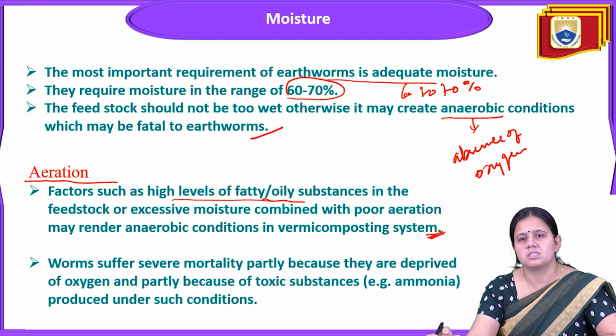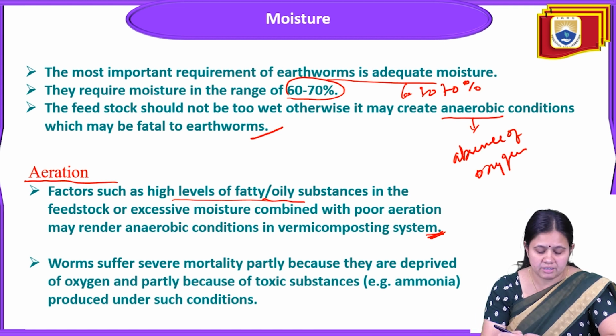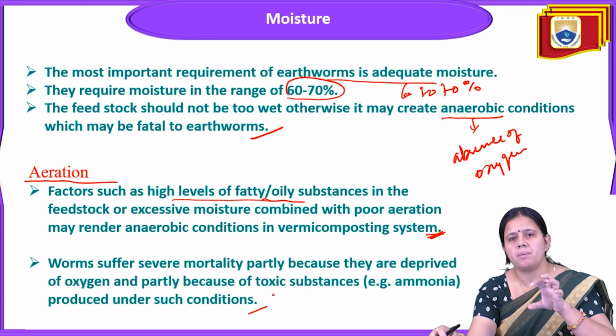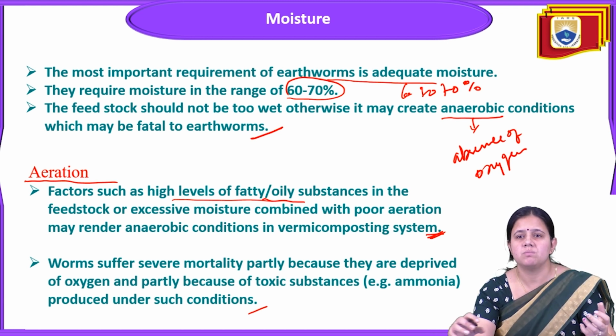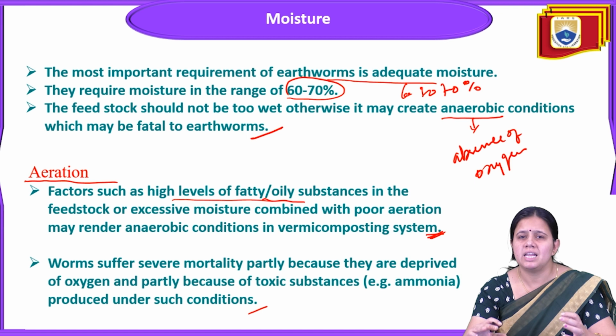Worms suffer severe mortality, partially because they are deprived of oxygen and partially because of toxic substances produced under such conditions. Anaerobic conditions will be created inside the chamber, so the worms may die, and with the degradation process some amount of ammonia is also produced. This creates an adverse condition for the earthworms.